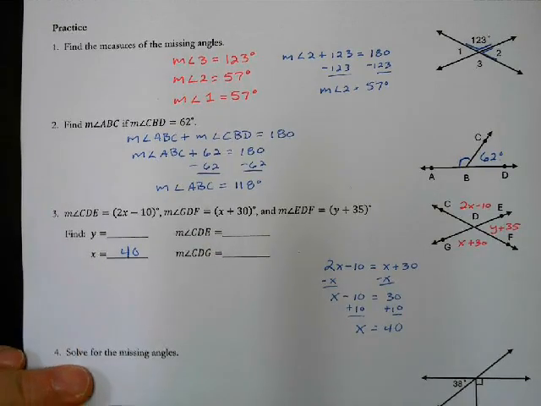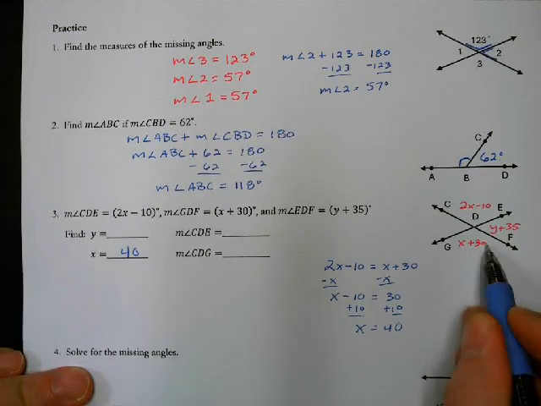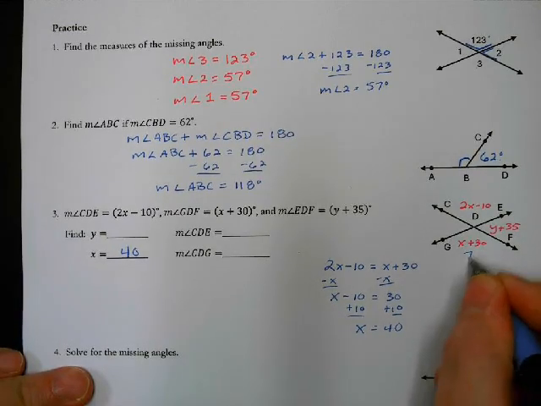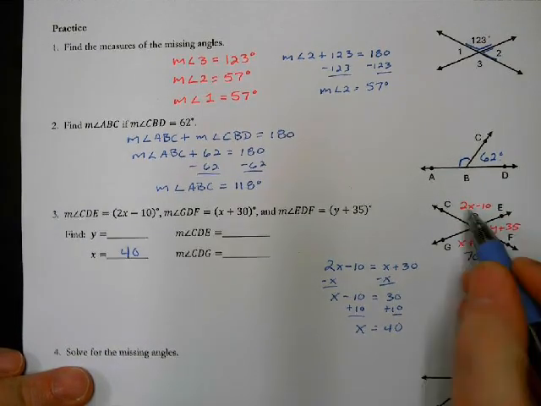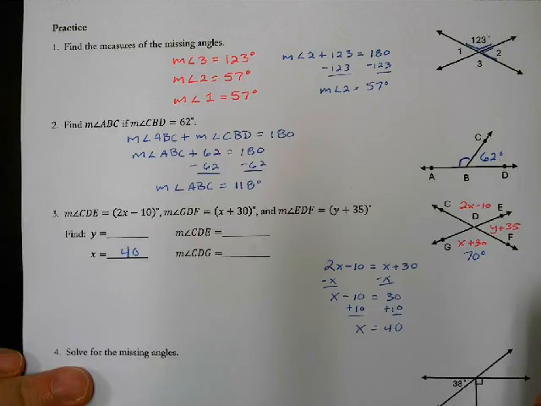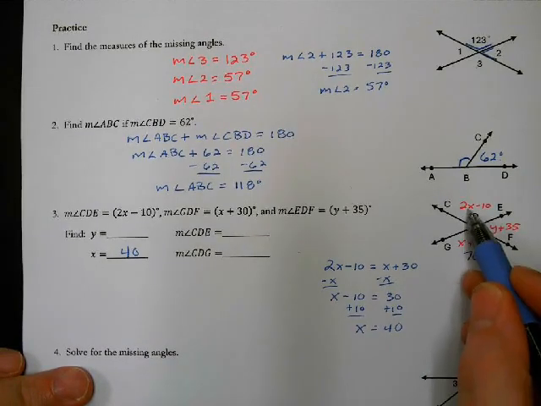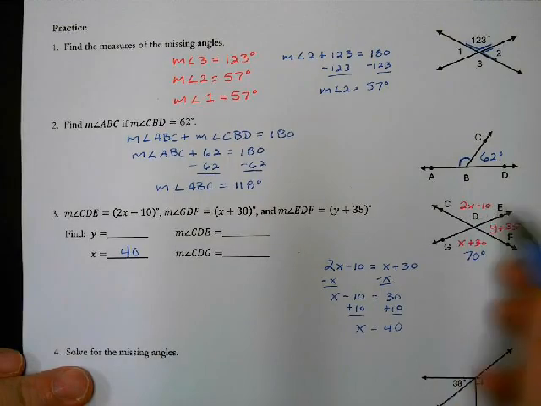So if x is 40, here's what I now know. This one would be 40 plus 30, 70 degrees. This one would be 2 times 40, so that's 80, minus 10, 70 degrees.